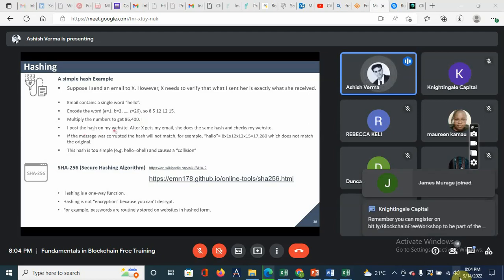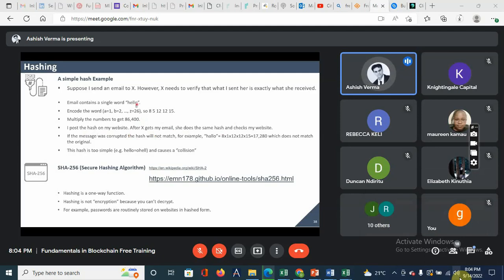We post the hash on the website, and after X gets the email, she computes the same hash by checking my website. She also sees the message, and this is the number she derives from the multiplication. If the message was corrupted, the hash will not match. For example, if HELLO becomes HALLO, then the result will be 717,280 instead of 86,400.